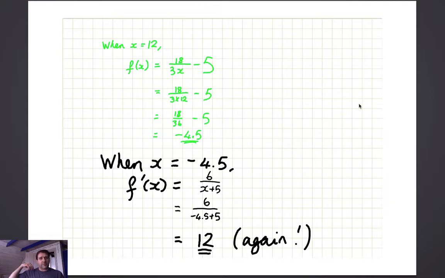So I ought to be able to put minus 4.5 into the inverse function and get back to the 12 I started with. So I tried that. When x is minus 4.5, 6 over x plus 5 would be 6 over minus 4.5 plus 5, which would be 6 over a half, which will be 12 again. So it does get us back to the number we started with, so they are inverse functions.